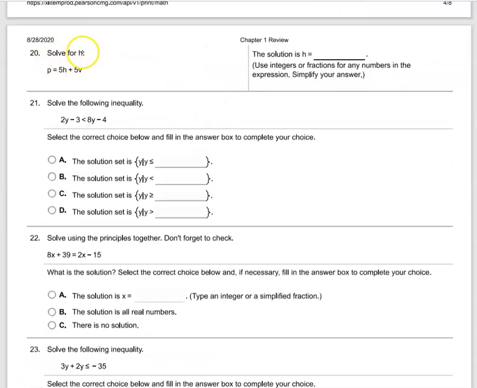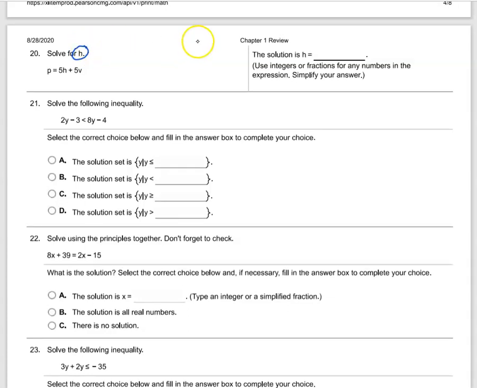They're asking us to solve this equation for h, so in the end they want h is equal. We're going to say p is equal to 5h plus 5v. I'm going to get rid of this 5v and move it over here, so I'm going to subtract it.